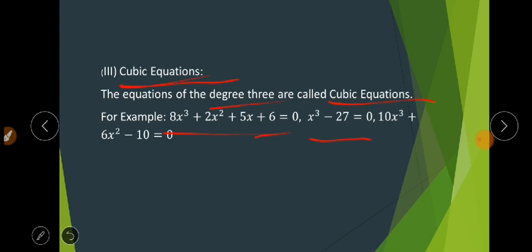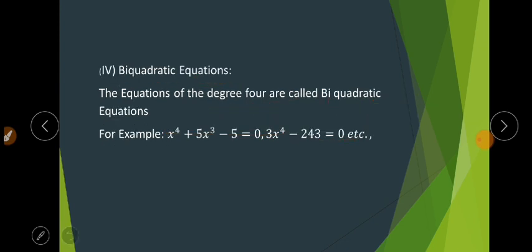Okay, very simple. Then the biquadratic equation. The equations of degree 4 are called biquadratic equations. That is x to the power 4 plus 5x cube minus 5 is equal to 0. So here the equation should contain the power 4, then that is termed a biquadratic equation.